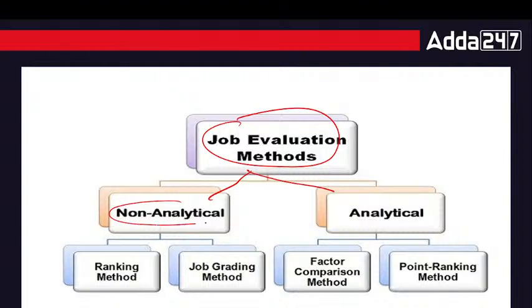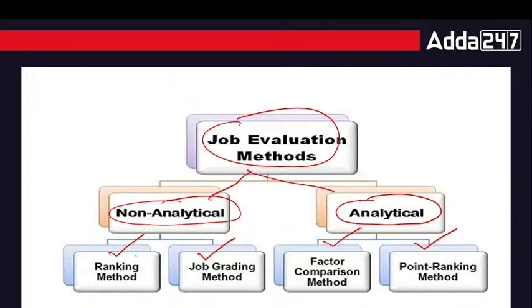In non-analytical you have the ranking method and the job grading method, and in analytical you have factor comparison and the point ranking method. Ranking method is non-analytical. Here you just have to compare the jobs.